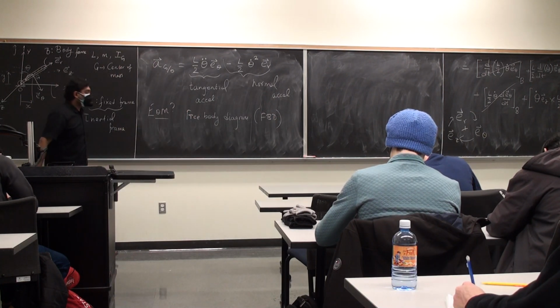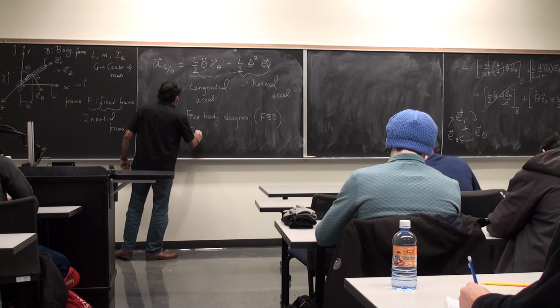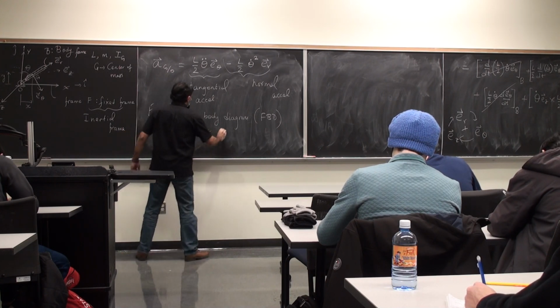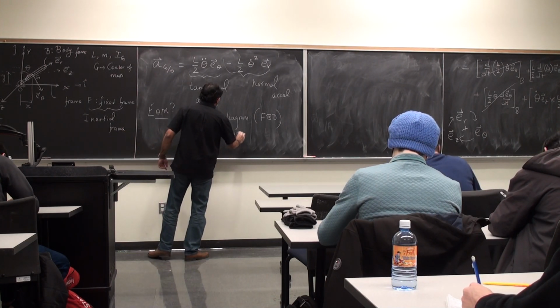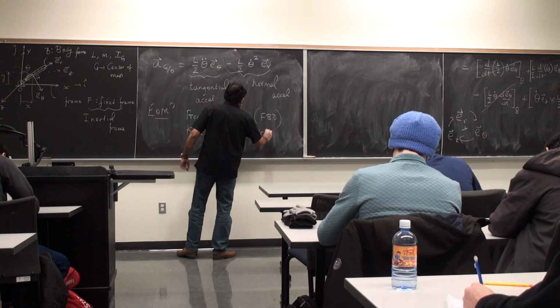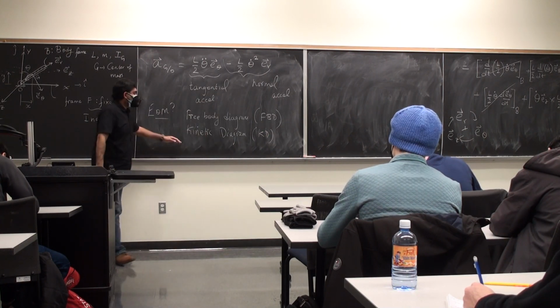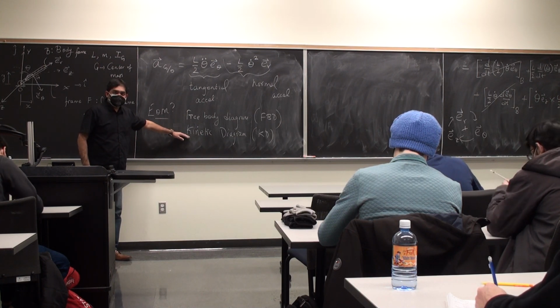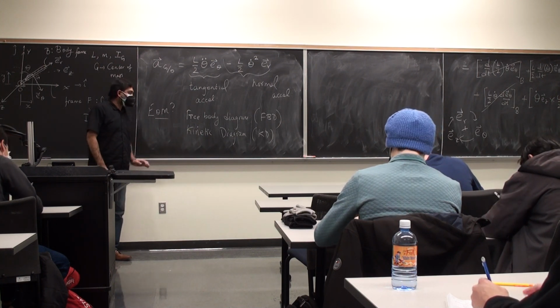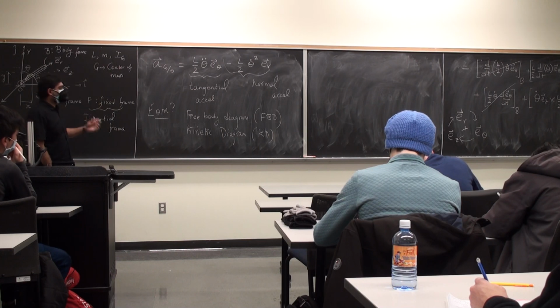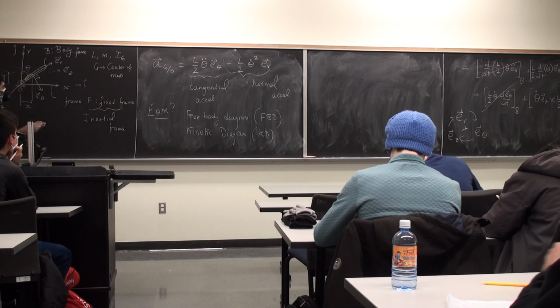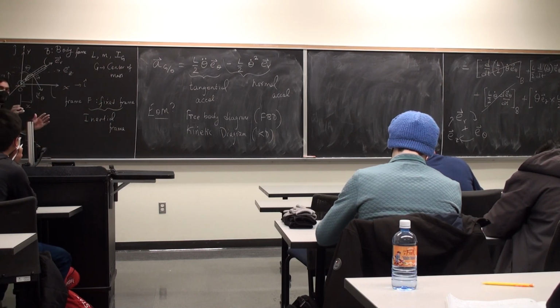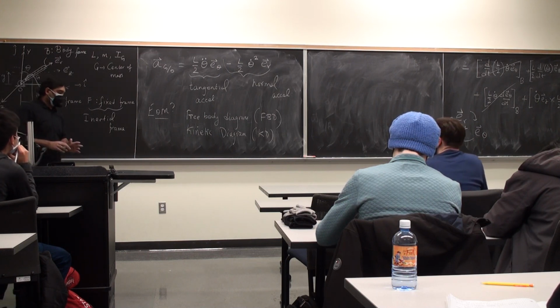You need a kinetic diagram, KD. Maybe some of you have come across this, maybe some of you have not. Okay? It is possible. But in a free body diagram, all you do is you mark all the external forces and couple moments and so on that are acting on the body.